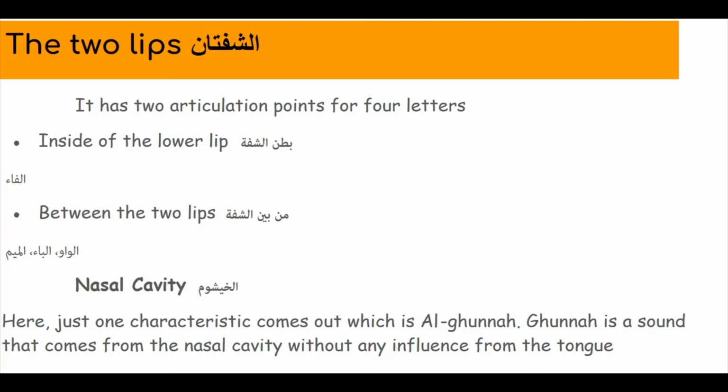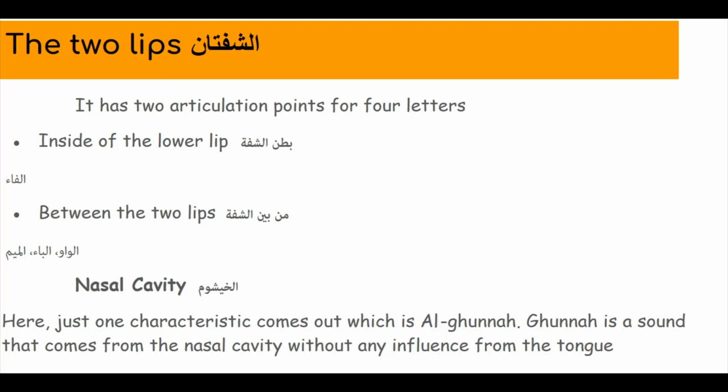Then al-ba, this is also coming from the two lips, by completely closing the two lips together. That is where al-ba, ba, comes from. There is no way you pronounce ba without the two lips coming together.